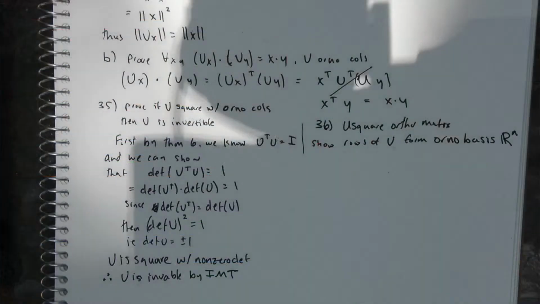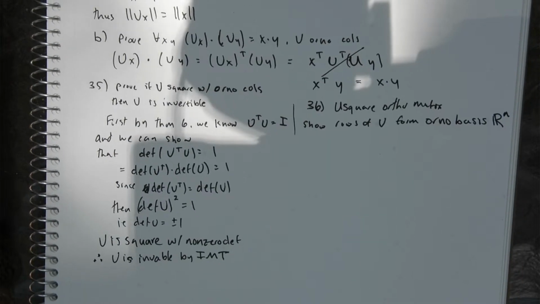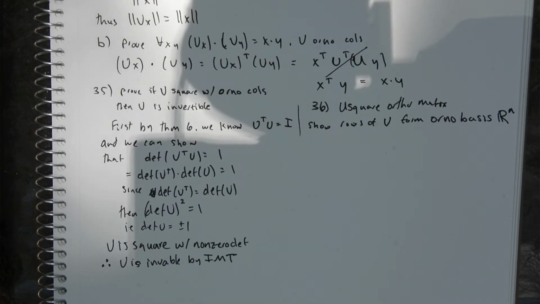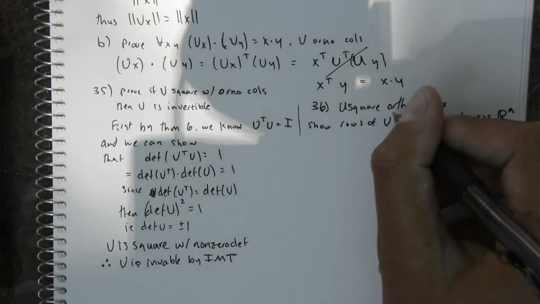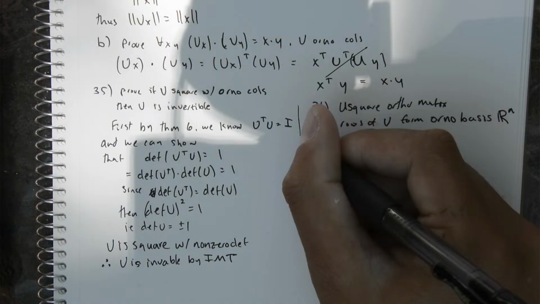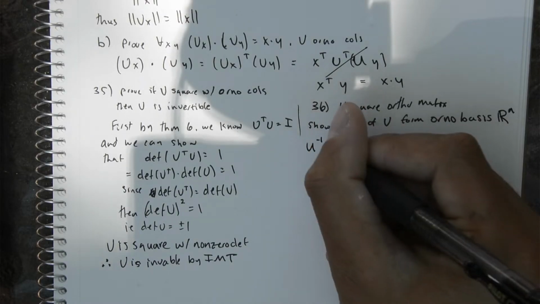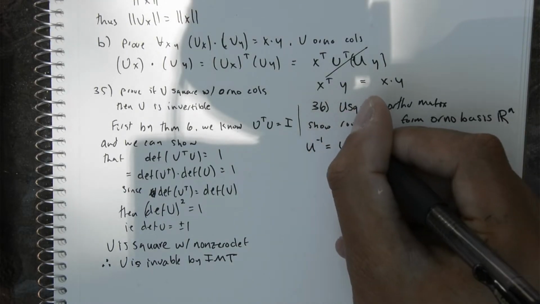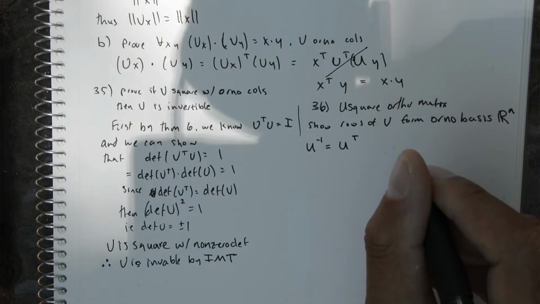Okay, how do we want to do this? So what do we know? If we have an orthogonal matrix, then we know that U to the minus 1 equals U transpose. Okay.